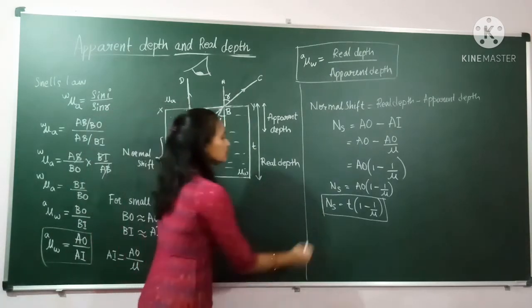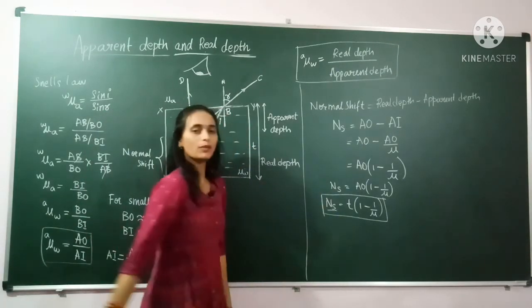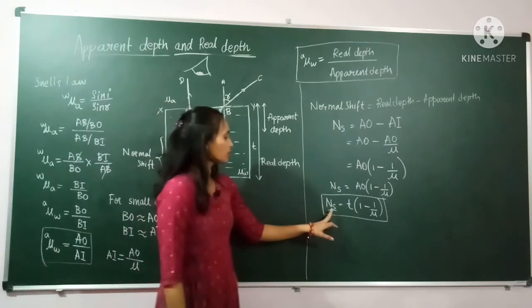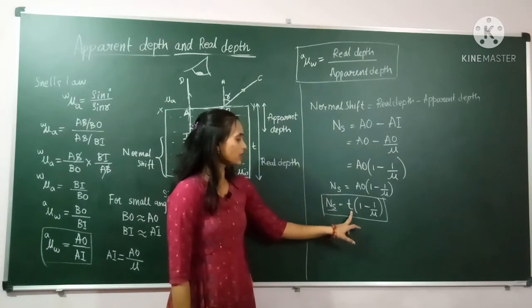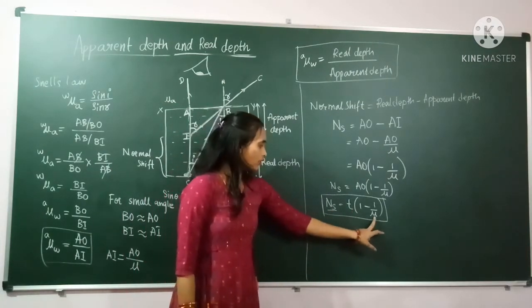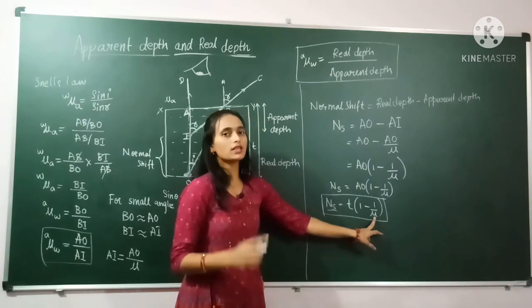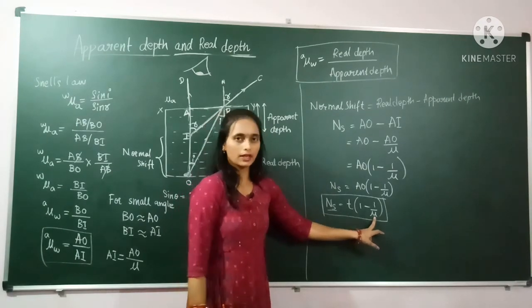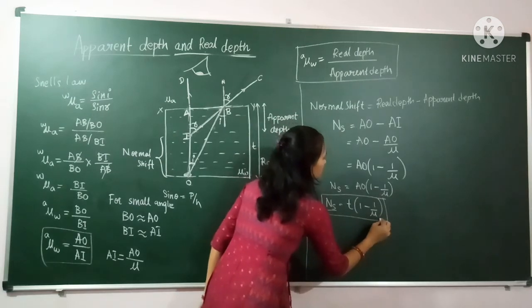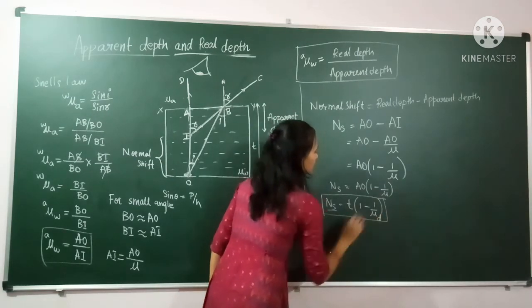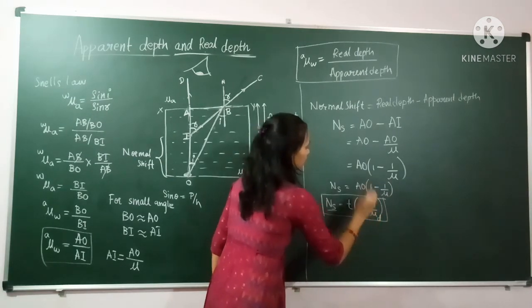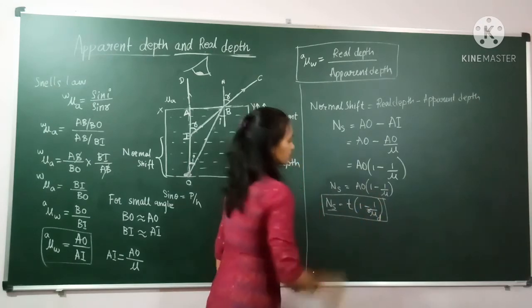Next, see here, this normal shift is dependent on what factors? This normal shift is dependent on the thickness of the medium and the refractive index of the denser medium with respect to the rarer medium. So this can be written as the refractive index of the denser medium with respect to the rarer medium.